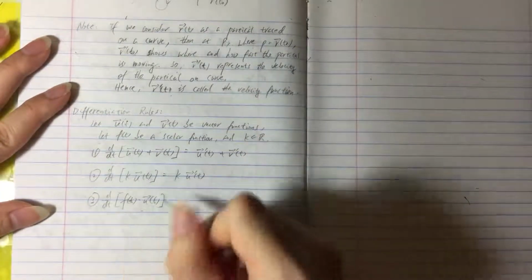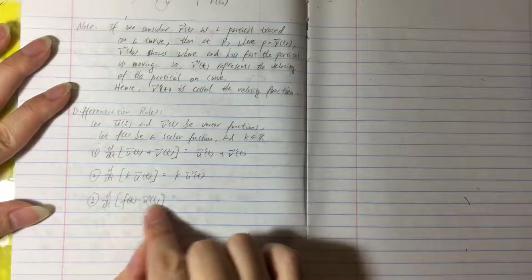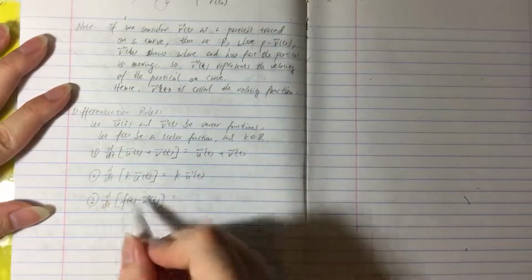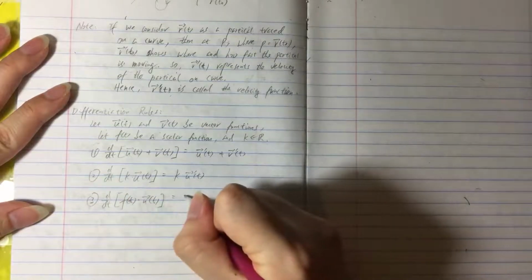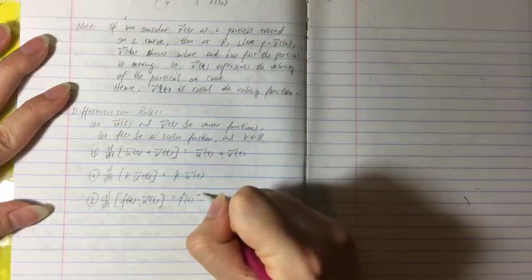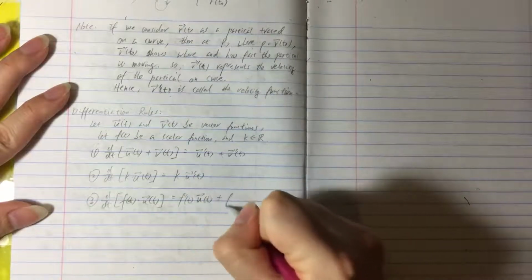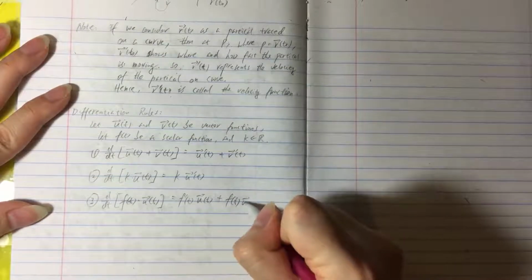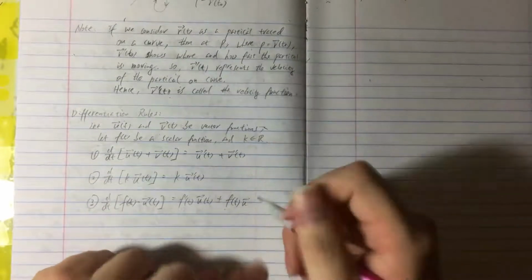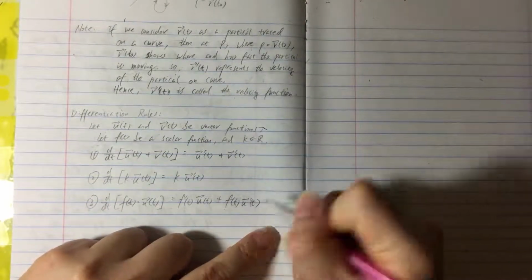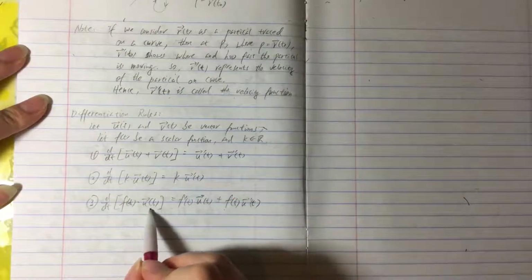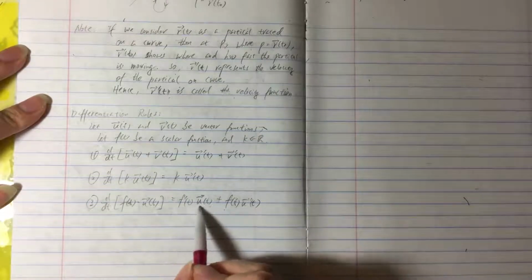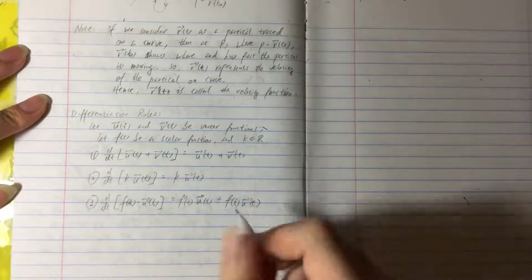Here, f is a scalar function. When we have a scalar function times a vector function, we use the product rule: the derivative of the first times the second, plus the first times the derivative of the second.